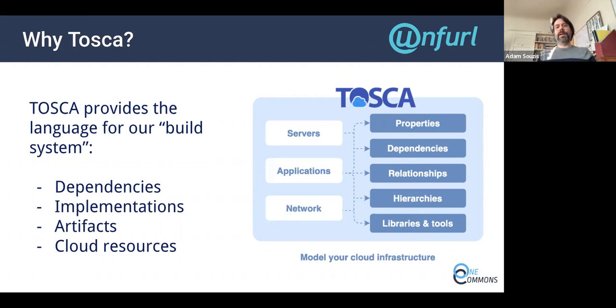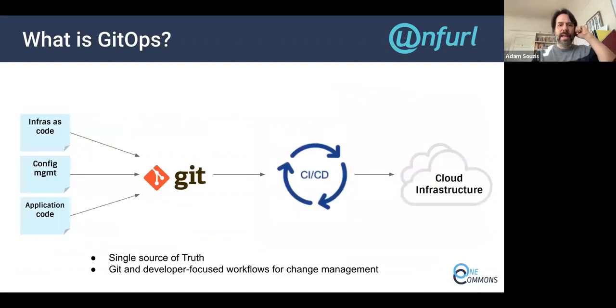It lets you describe the actual resources that you need to deploy and the relationships between them. It lets you declaratively declare the dependencies, so we can build a plan around all the things you're building, and it also lets you do higher level abstractions, which gives you a lot of flexibility. And so that's why we chose Tosca.